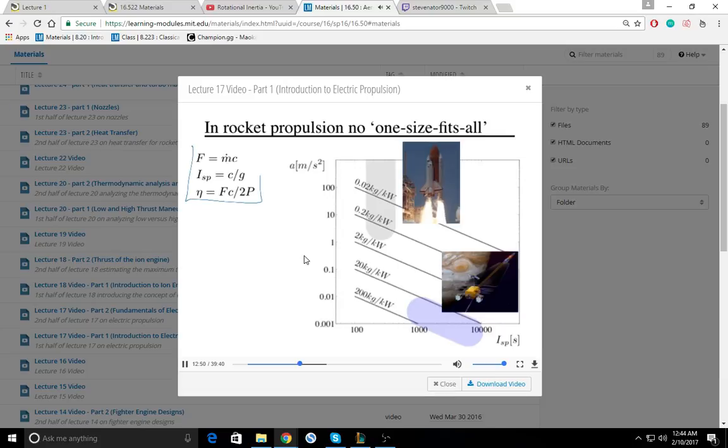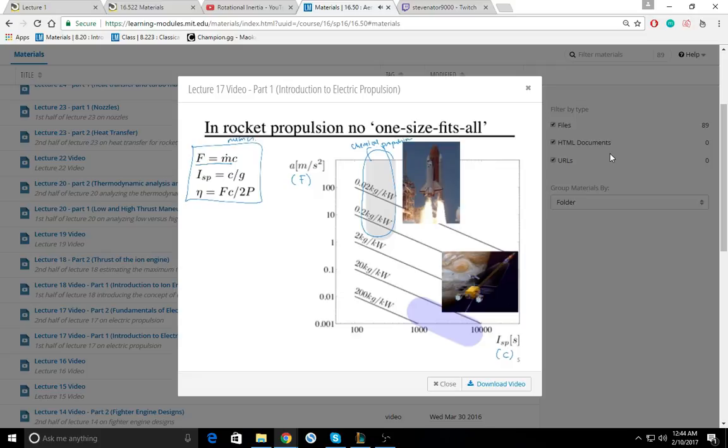We have 3 performance parameters. These are the metrics. And different types of rockets have very different metrics in this case. And there's not one type of rocket that serves the needs of all missions. So for those missions that require very high thrust, we use chemical propulsion. So this is where they lie. In this plot, acceleration, specific impulse, but it could also be force, exhaust speed.